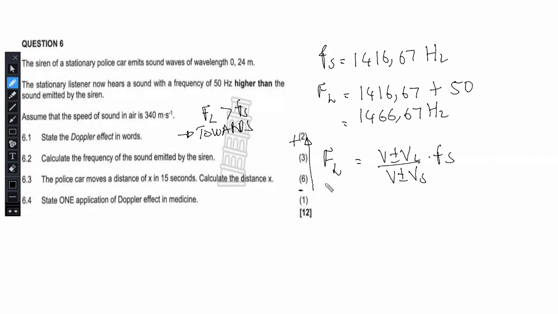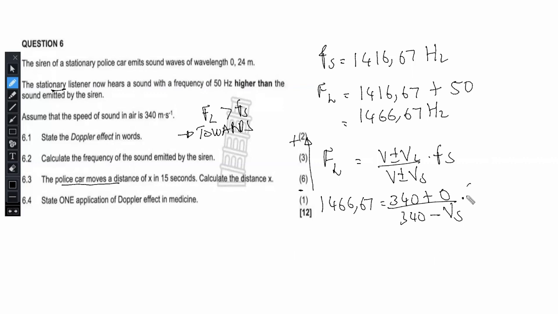Positive on the numerator and negative on the denominator. Frequency of the listener is 1466.67 hertz. And then the speed of sound in air is 340, and then we have our plus. The velocity of the listener is 0 because we are told that the listener is stationary. Now 340, we must calculate the velocity of the police car since we are told that the police car is moving.